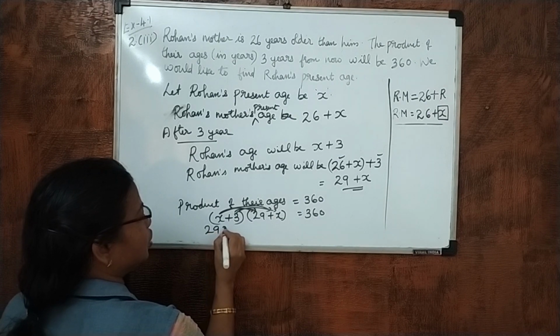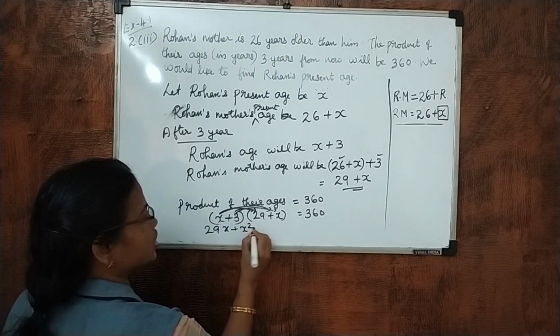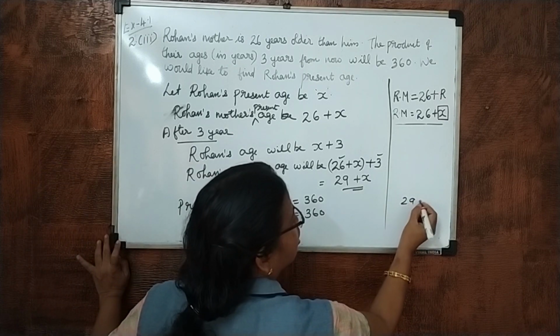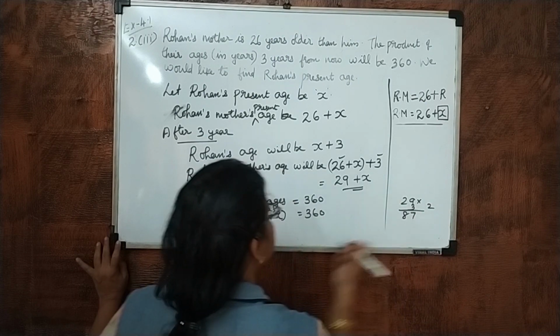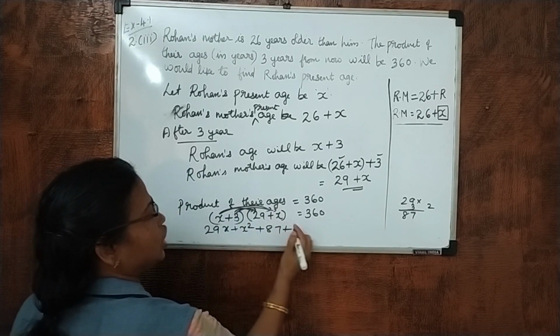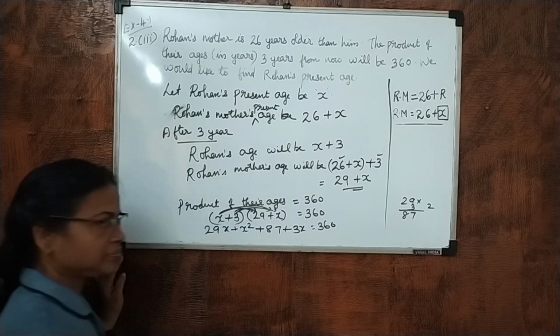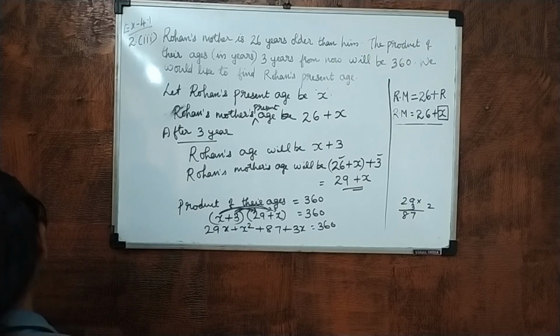So x into 29, it will be 29x. x into x is x square, plus 29 into 3, that is 87, plus 3 into x, 3x equals 360. What is the next step now? You have to arrange, find like terms, then solve it.